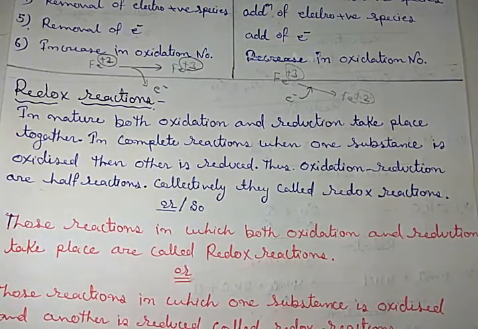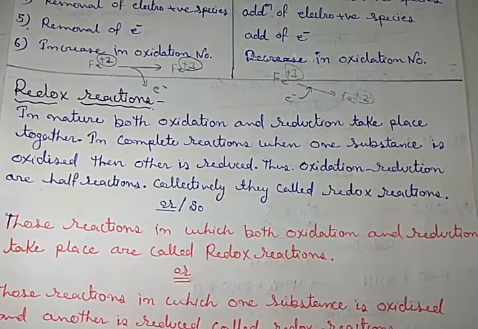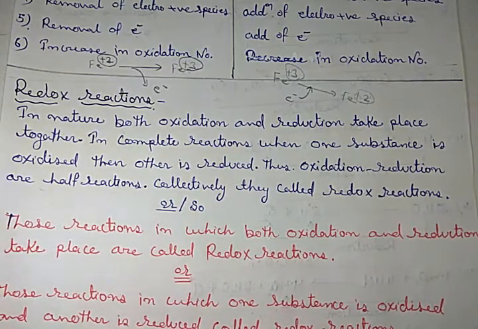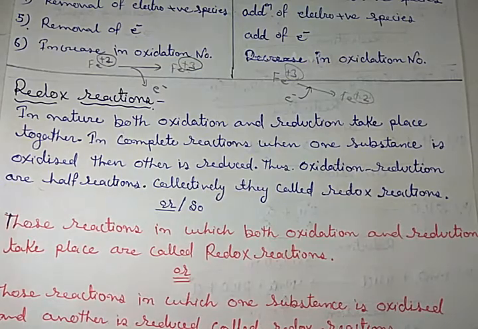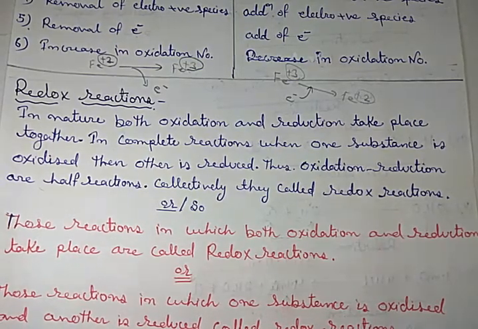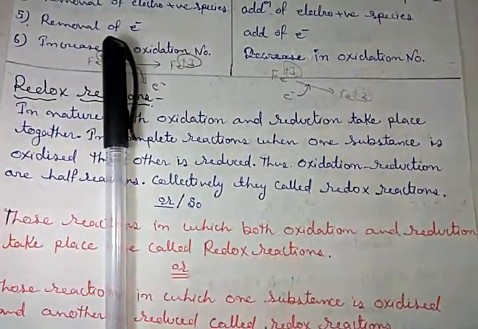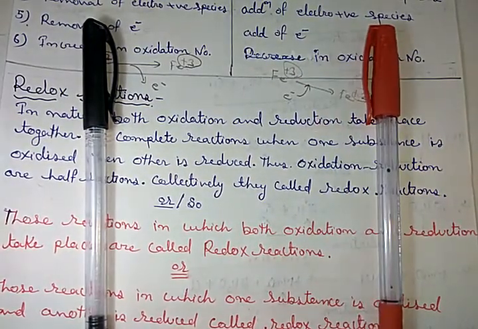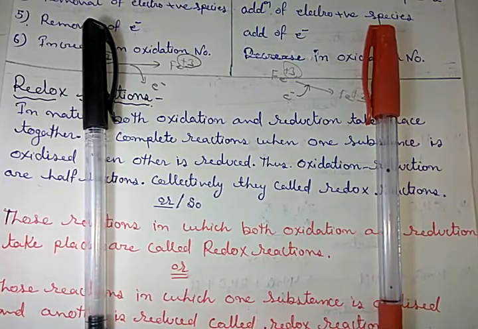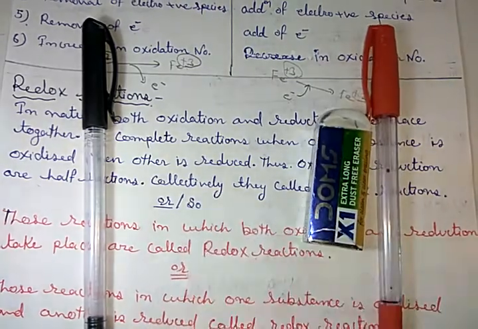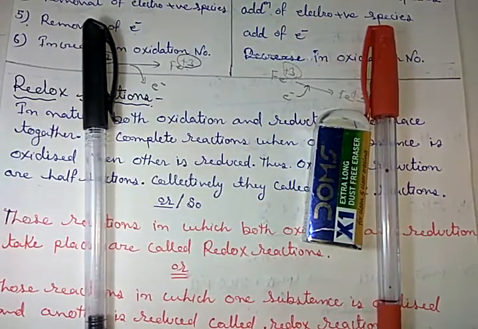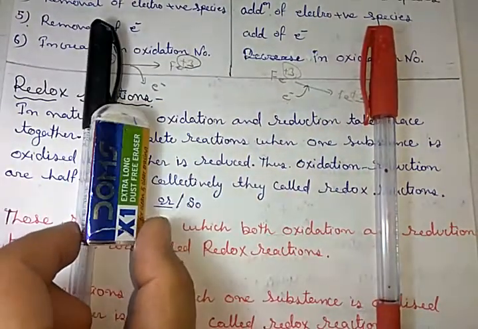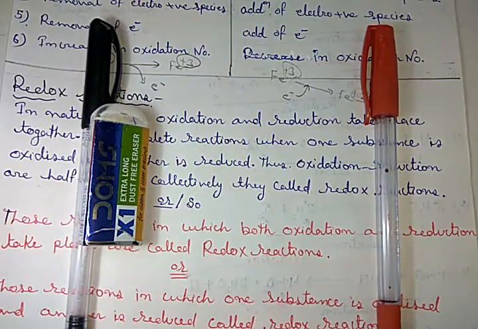Suppose one of the elements is donating oxygen, suppose these are two substances, and that is oxygen. I am saying that addition of oxygen is known as oxidation.